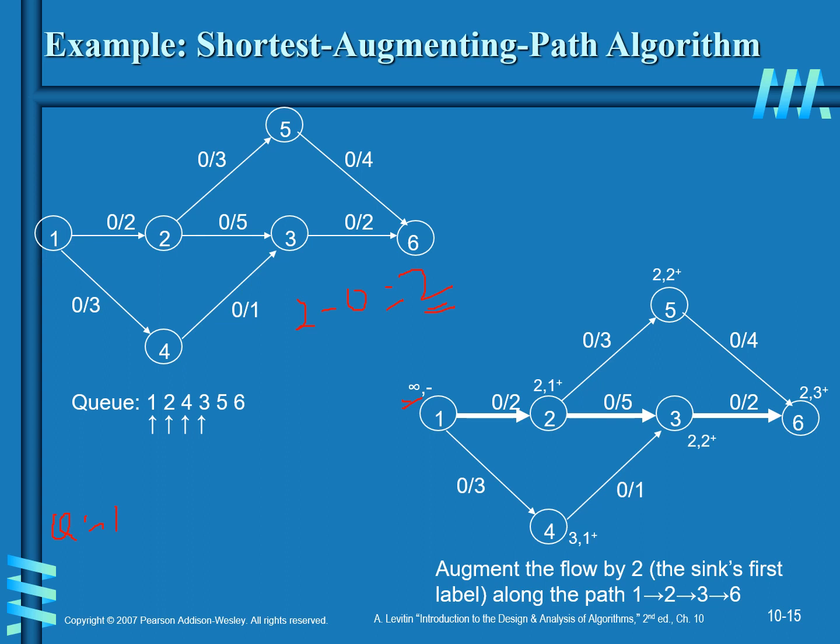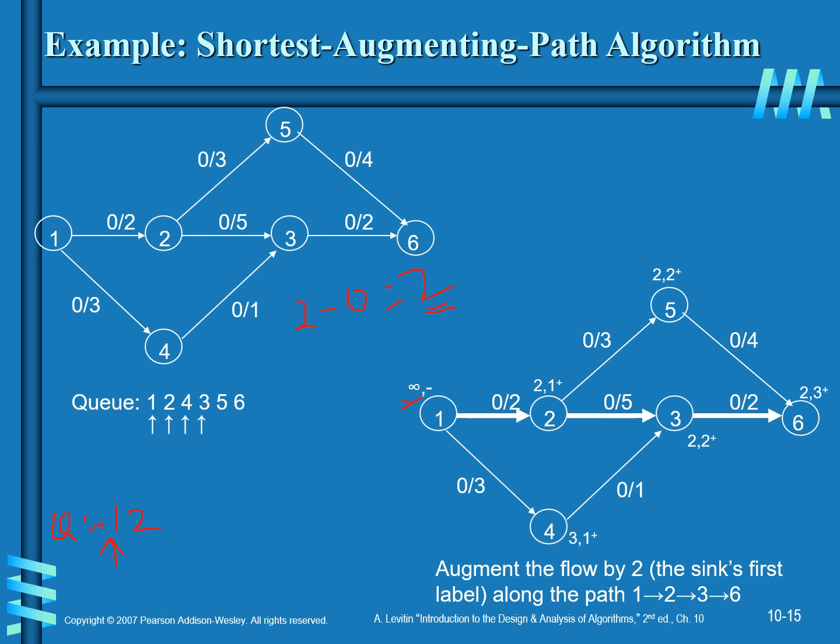Because 2 is reached from 1, and it is a forward edge, 2 is labeled with 2 comma 1 plus. Now you have labeled 2, so you put the vertex into Q. The arrow indicates that these are the vertices which have been removed from the Q.